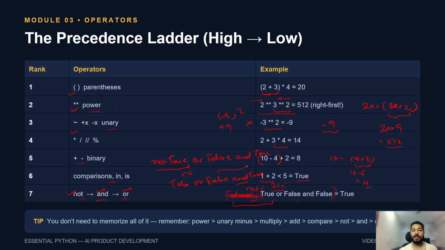So 0 and 1 will give 0, so this will come as false, and or with false, false or false, I mean 0 or 0, it will return 0, right? That's how it could be the real-time scenario where we can apply all those things.